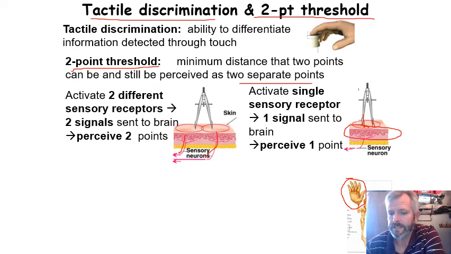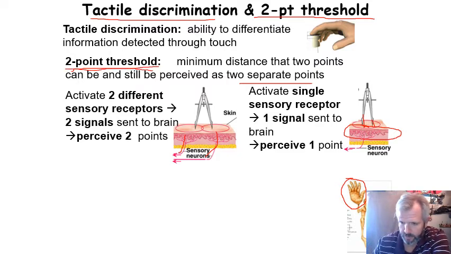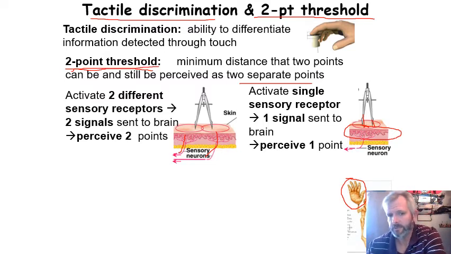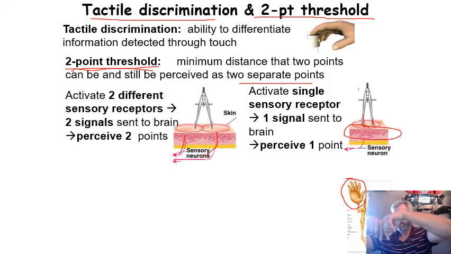So you can imagine where we have a high density of receptors, in our fingers. It's inversely related: the more receptors, the lower the 2-point threshold, because I can determine 2 points very close together where I have lots of receptors. Where I have very few receptors, my 2-point threshold would be much greater, because I could be pretty far out and, with a low density of receptors, still perceive that as just 1 point.